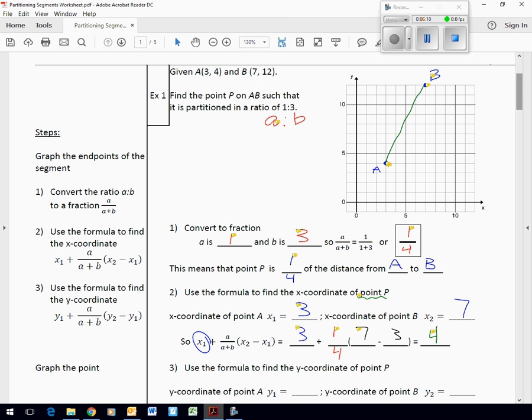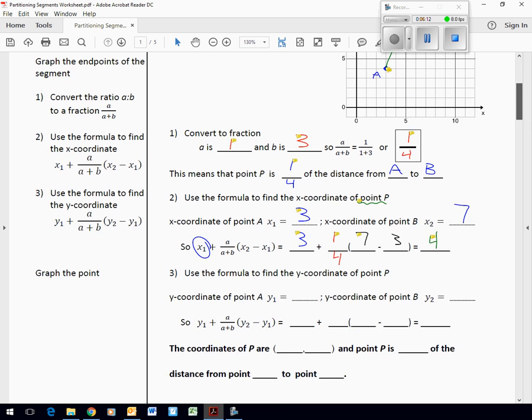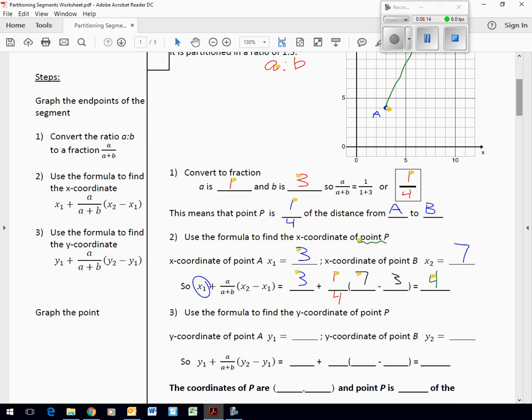Okay? Now we're gonna do the same thing, finding the y-coordinate. Same formula, y-coordinates though. What is the y-coordinate of point A? 4. Y-coordinate of A is 4.